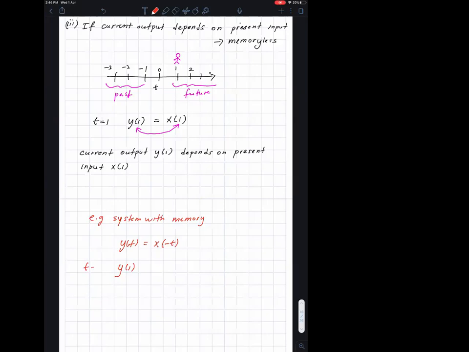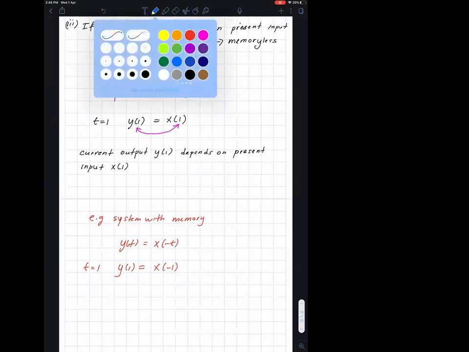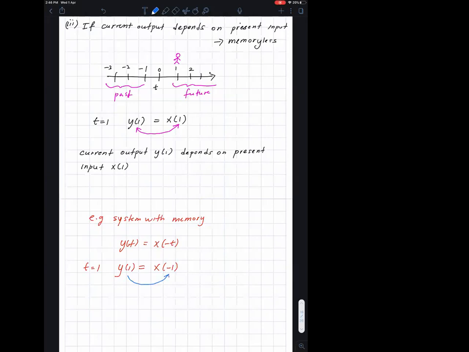As t equals 1, my current output y1 is equal to x(-1). I'm just replacing the t with 1. So you can see now your current output depends on past input. Past input, negative. See the timeline here, it is past input.